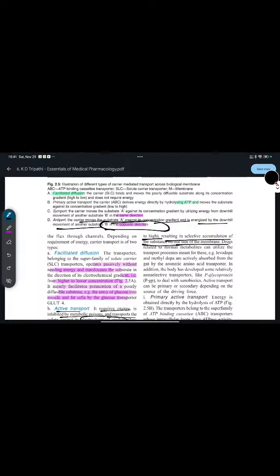Drugs related to normal metabolites can utilize the transport process meant for these. Example: levodopa and methyldopa are actively absorbed from the gut by the aromatic amino acid transporter.